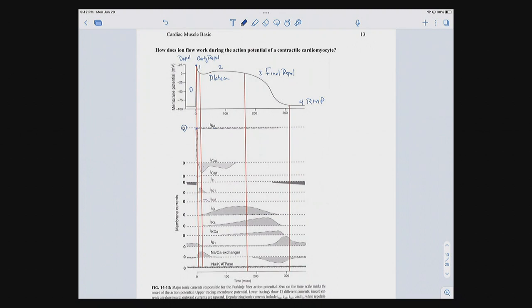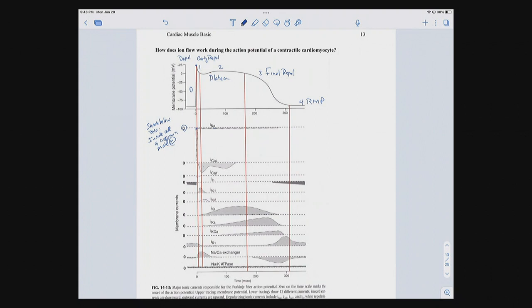When the shading is below the 0, what that means is that inside the cell is becoming more positive. And if the shading is above the 0 line, that means the inside of the cell is becoming more negative. So that helps you interpret.